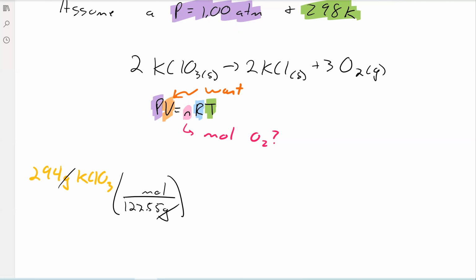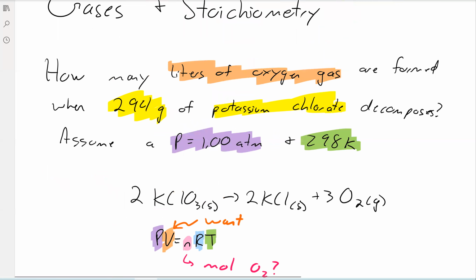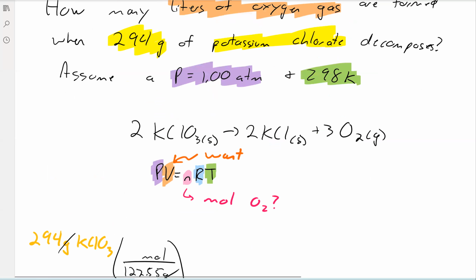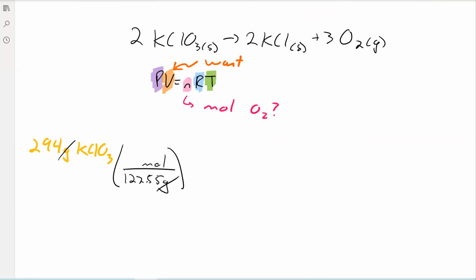And then this is moles of potassium chlorate, but what we want is moles of oxygen gas. So when we go from moles of one component to moles of another component, we have to use our stoichiometric coefficients. So our stoichiometry is telling us for every 2 potassium chlorates, we get 3 oxygen gases. So let's go ahead and add that into our equation.